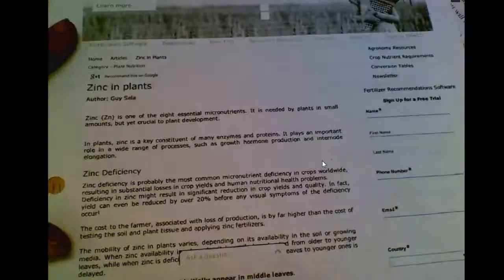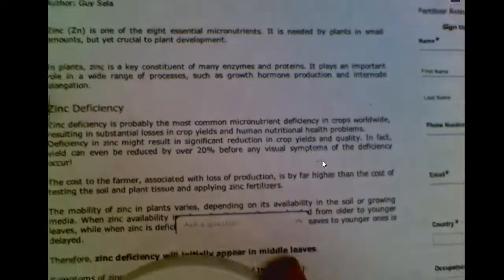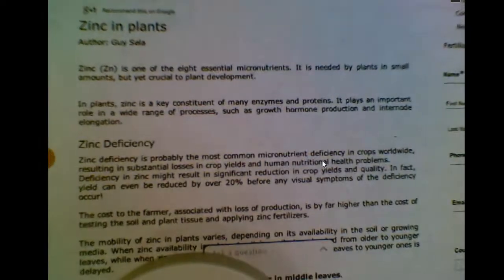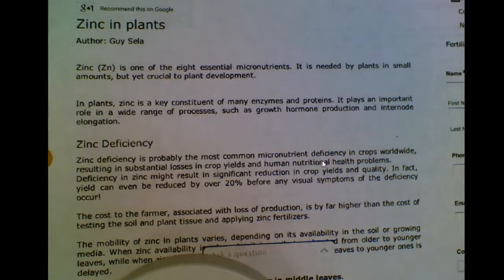So you've got video clips on both boron and zinc. Okay, it says here, whoops, I'll get this. Zinc is one of the 8 essential micronutrients needed by plants in small amounts, but crucial.